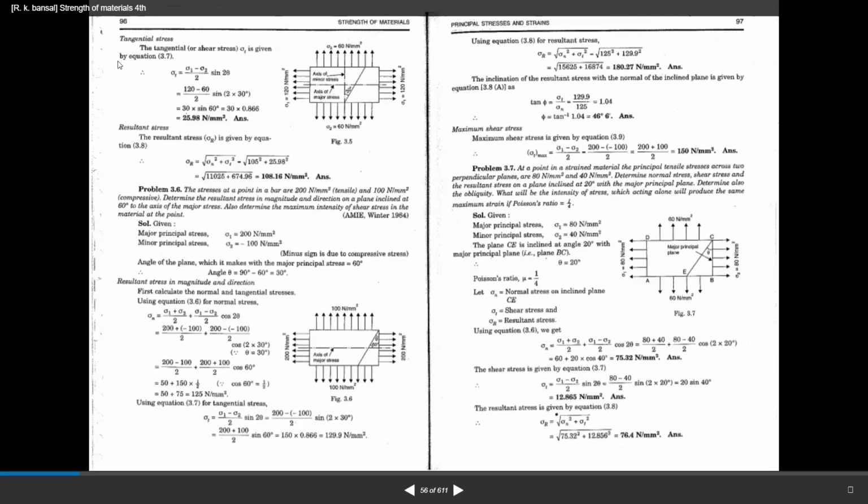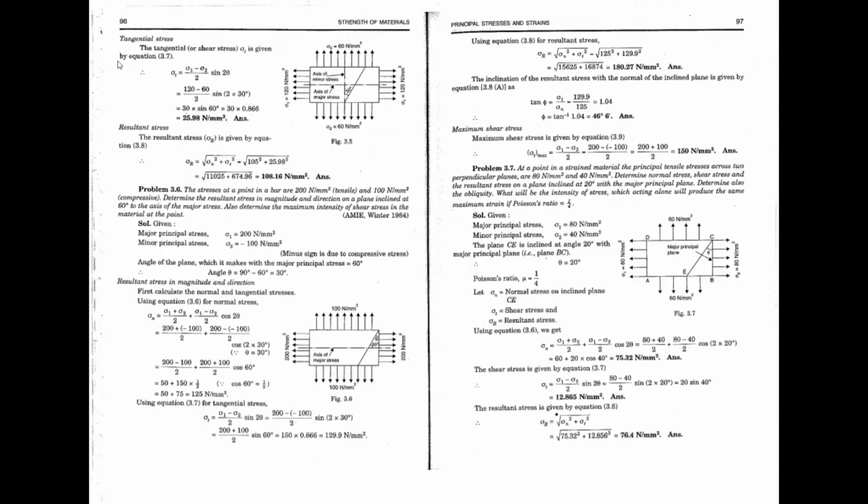And tangential stress or shear stress, two names are there for it. In equation 3.7, sigma t equal to sigma 1 minus sigma 2 by 2 sin 2 theta. 120 minus 60 by 2 into sin 2 theta, theta equal to 30 degrees, 30 into sin 60. Sin 60 is 0.866. 30 into 0.866, got the value 25.98 Newton per mm square.